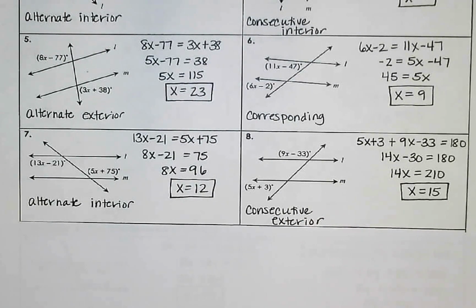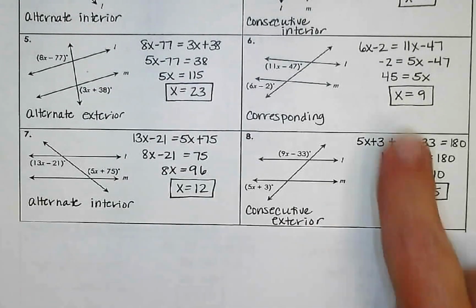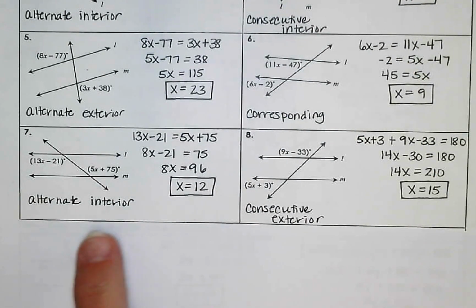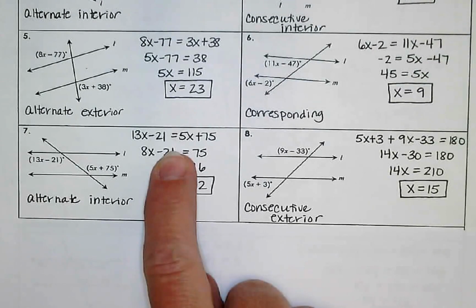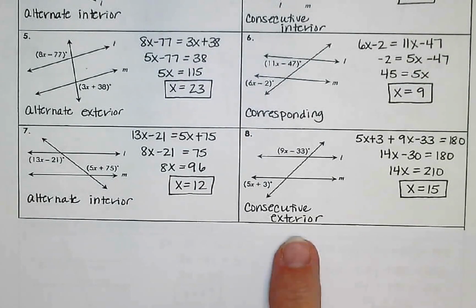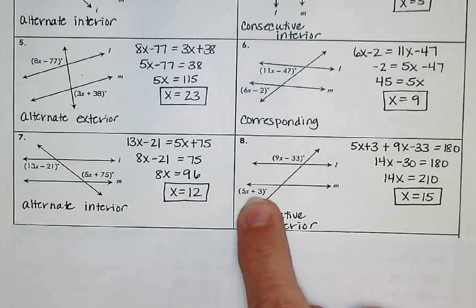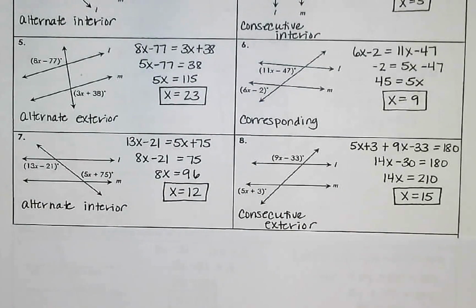Number 6, corresponding angles are going to be equal, so I set that one equal to each other. Alternate interior are going to be equal to each other again. And consecutive or same side exterior are going to add up to be 180. So this one plus this one totals 180. And there are your values for x.